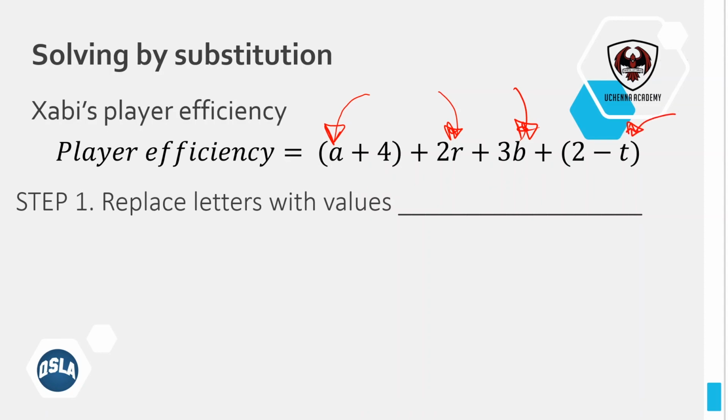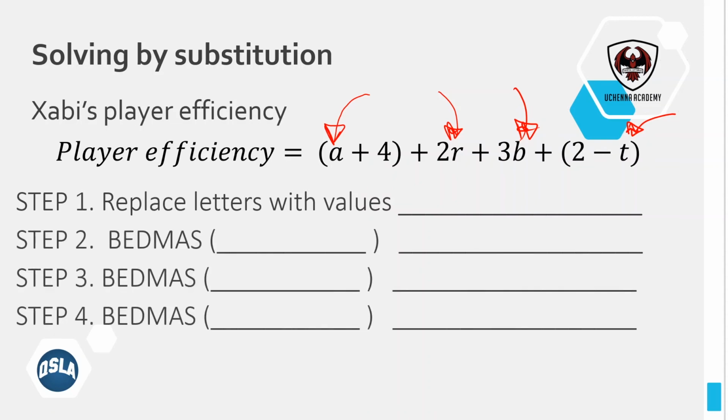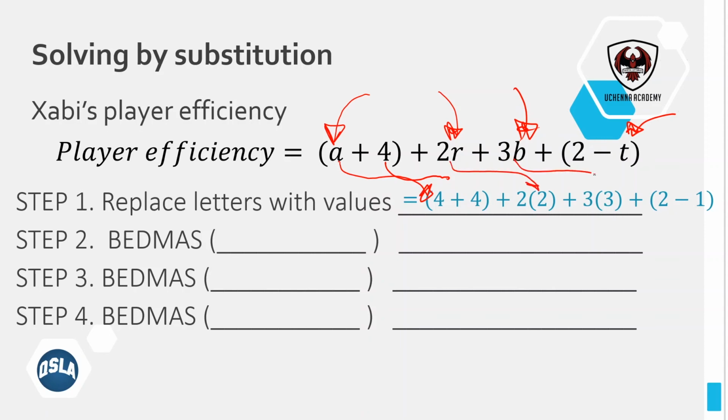So we're going to replace those letters with values. And then, of course, we're going to do BEDMAS and try to solve for his efficiency. So he had 4 assists, 2 rebounds, 3 baskets, and 1 turnover. Those are the replacements here. The R is 2, the B is 3, the turnover is 1.